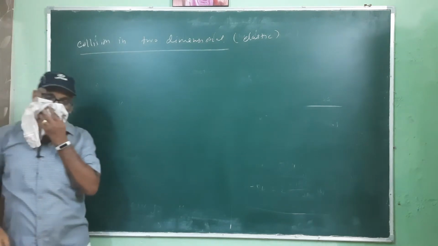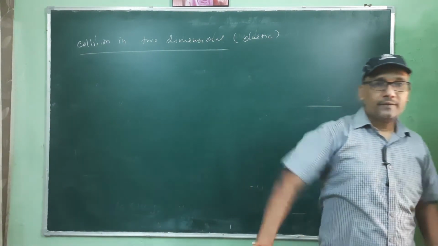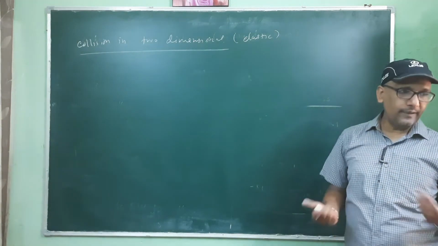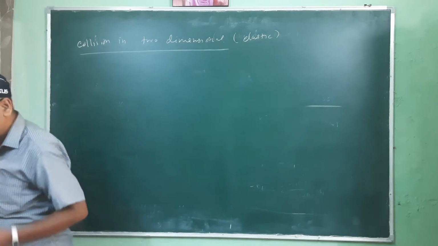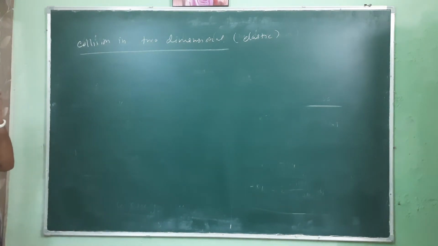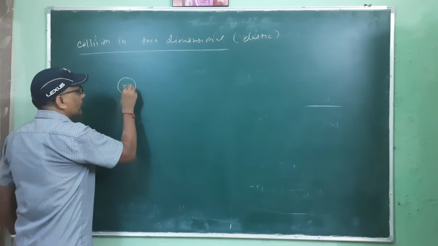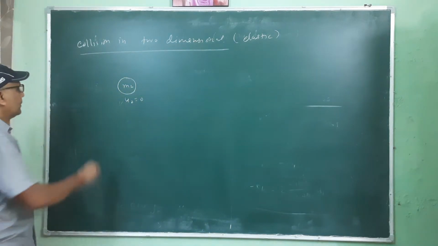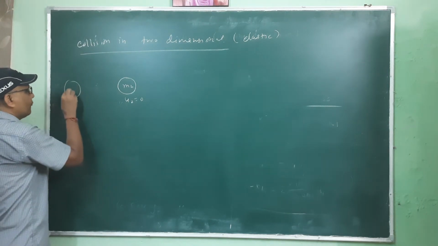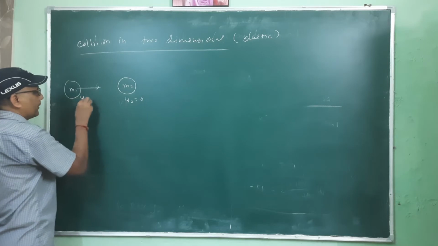But I'm just discussing here elastic type collision. If the bodies stick and move together, then it is an inelastic type collision. But here this is elastic type collision. So the case is, this is one body of mass m2, which is at rest, u2 is equal to 0. One body of mass m1 is moving along this direction with initial velocity.